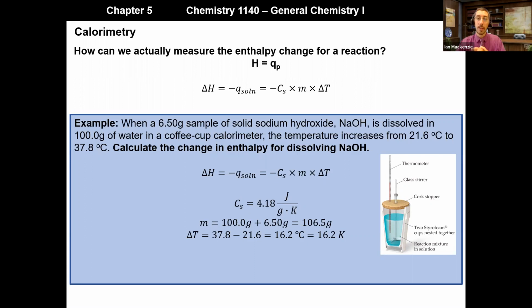It's important here to note that changes in degrees Celsius are equal to changes in Kelvin. Not absolute. An absolute value of 16.2 degrees Celsius is not equal to 16.2 Kelvin, but a change of 16.2 degrees Celsius is equal to a change of 16.2 Kelvin.